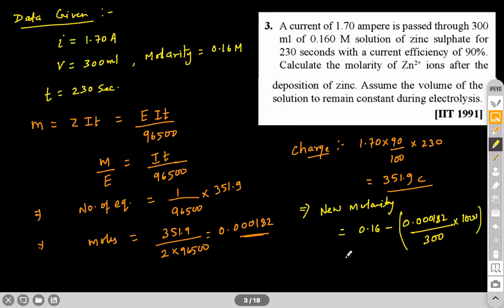This is the solution. So now when you solve this expression, you'll get approximately 0.154 molar. So this is the answer for this question.